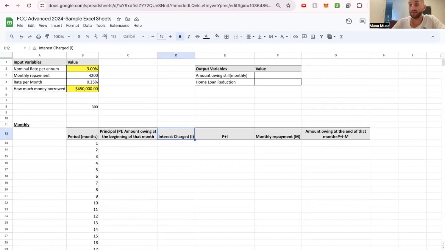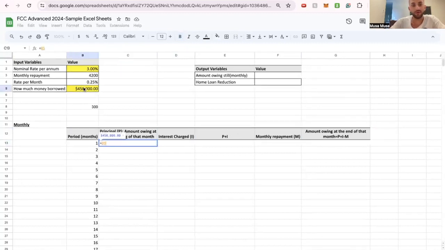Interest is, remember, the banks take how much you owe at the beginning of the month, they charge you interest, they add it on top, and then they allow you to make a monthly repayment. And then the amount owing at the end of the month is the principal plus the interest minus the repayment.